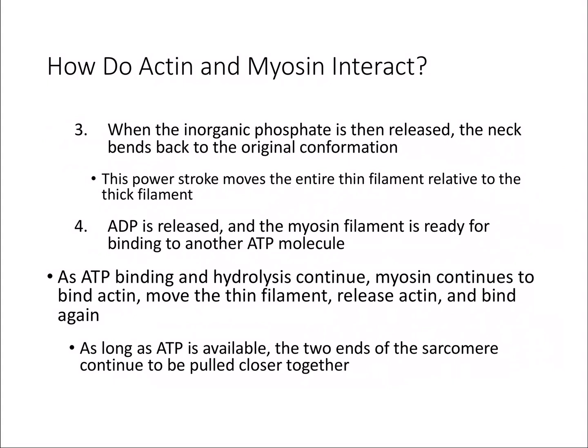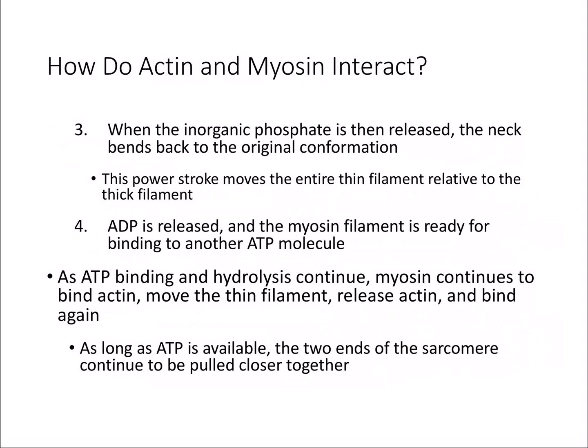So ADP is released, finally, and the myosin filament is ready for binding to another ATP molecule. As this process continues of ATP binding and hydrolysis, we see the actin getting pulled in towards the center.